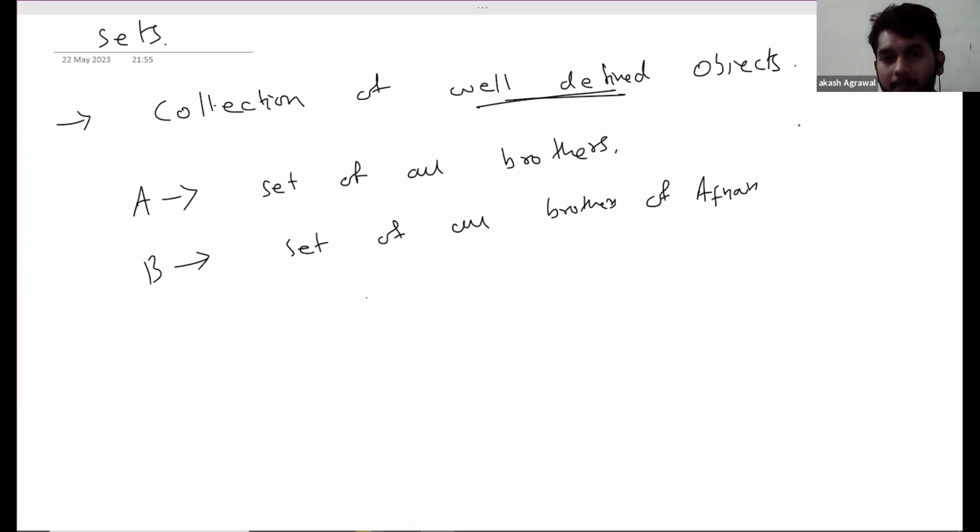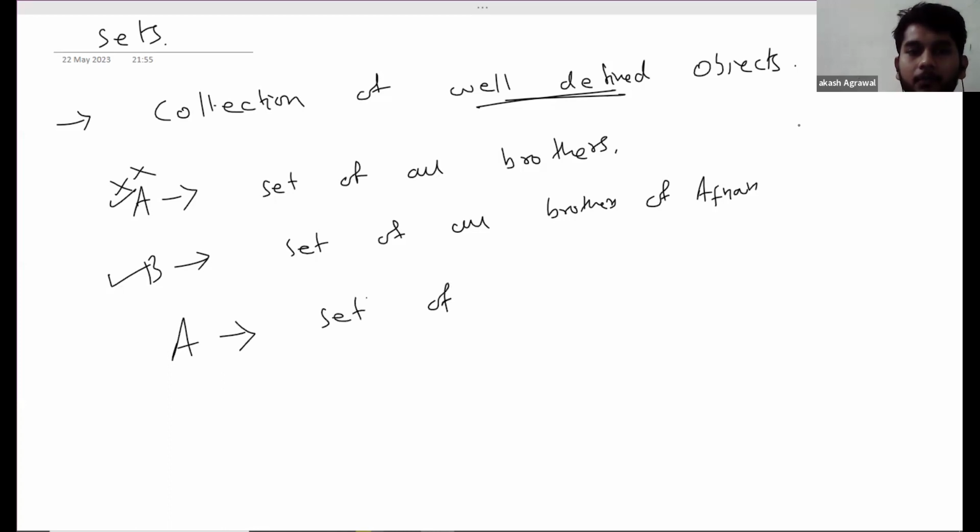Yes, sir. Very well. Yes. So this is a set. This is not a set. सबको क्लियर हो गया? Abdullah, Yasir, is it clear? Yes, sir. Okay. Suppose I say set of all cricketers. Is it well defined? Is it a set?